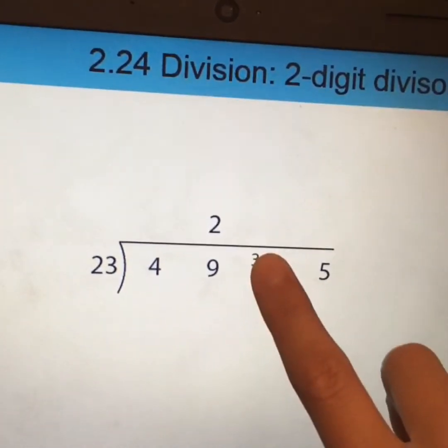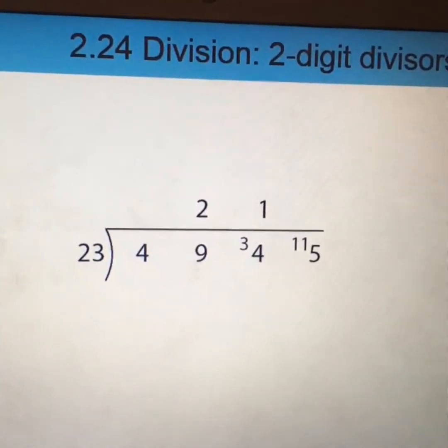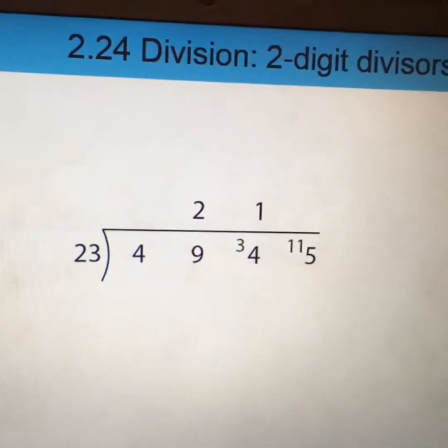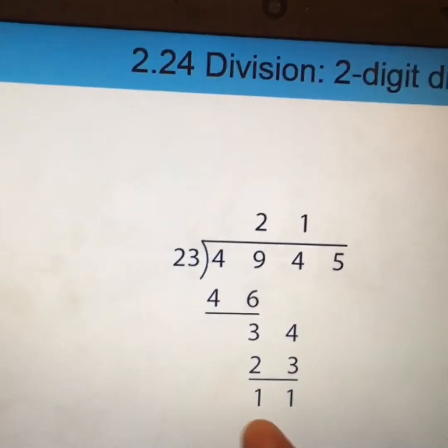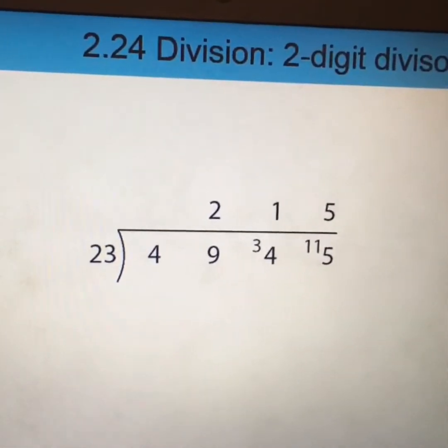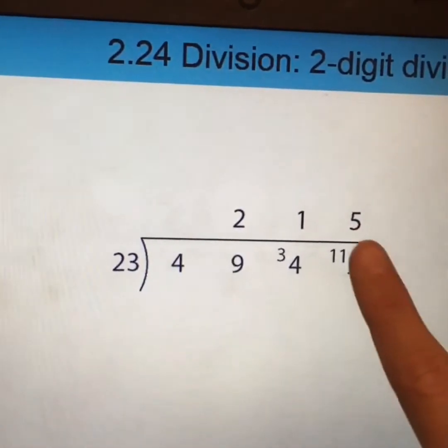So it's the same thing. Then you do 34 divided by 23 would be 1, and you would have 11 left over, as we have here. Look, there's the 11. Bring your 5 down. There it is. So now you're dividing 115 by 23, which would be 5.